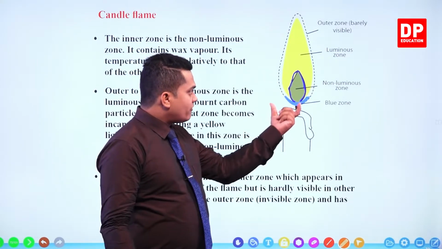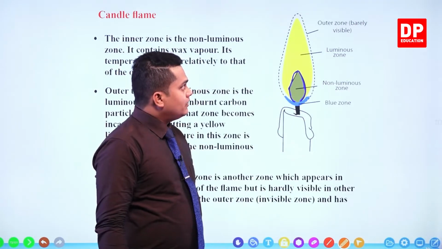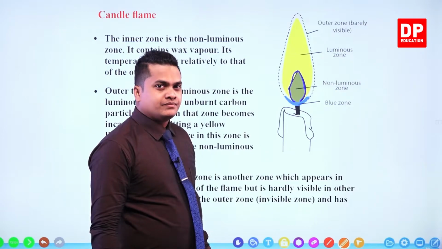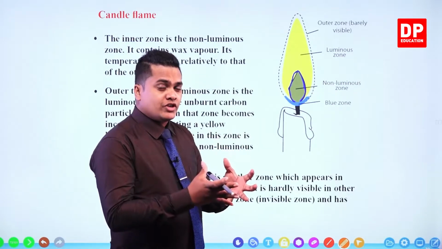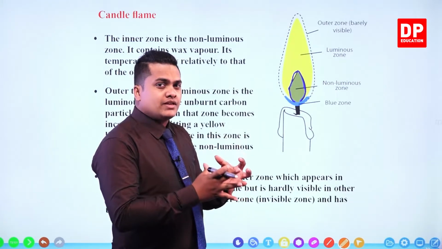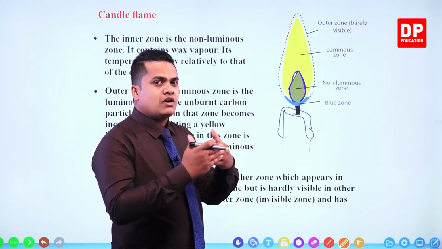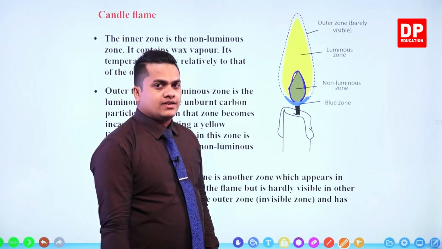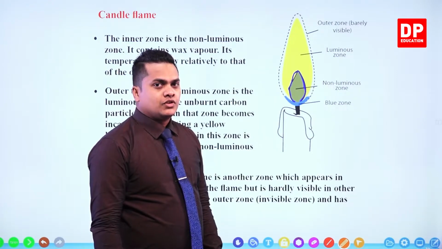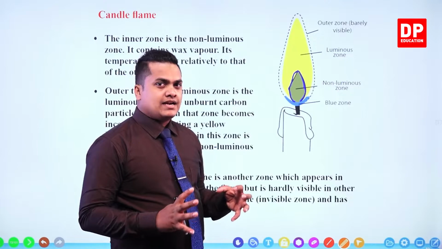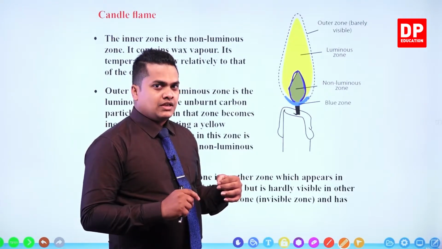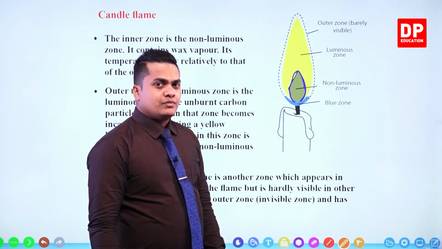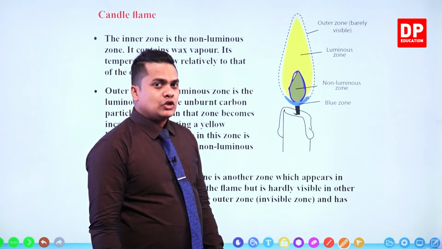That's why the base of that barely visible zone is blue: complete combustion occurs there. During complete combustion, a large amount of heat energy is produced, so it has the highest temperature. These are the main areas in a candle flame, and this is how a candle flame is created.